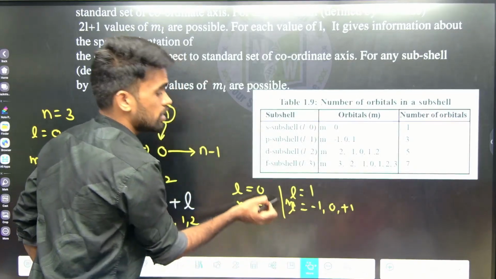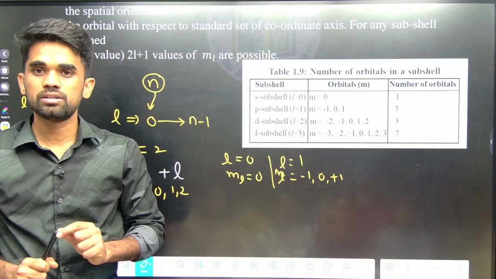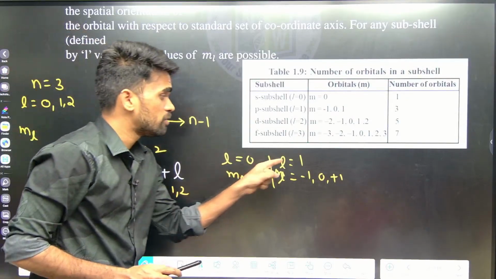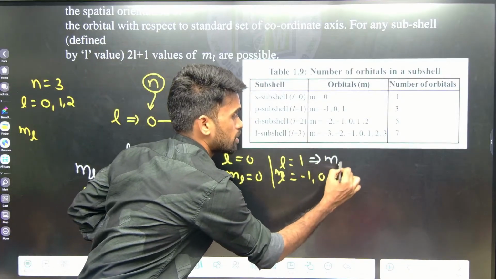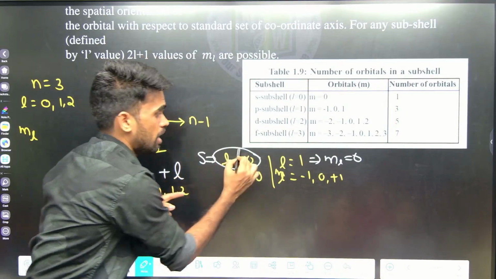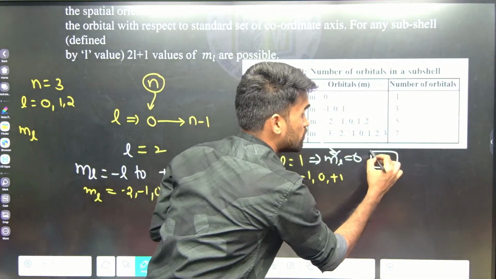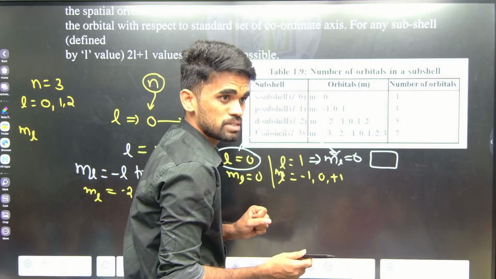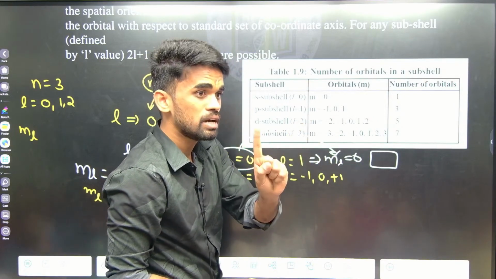Now you need to know, for the s orbital, what is the L value? 0. So L equals 0 means s orbital, and the ML value is also 0. So you are writing only one box. What does that one box represent? The s subshell contains only one orbital.